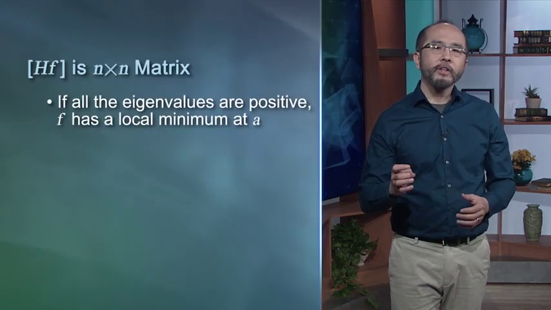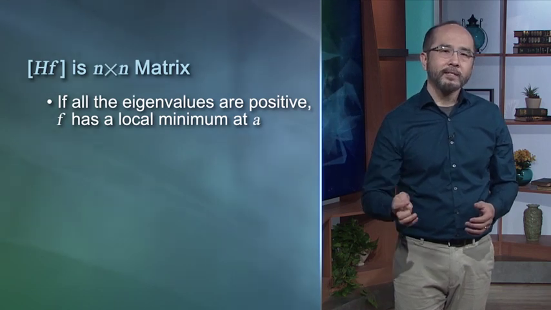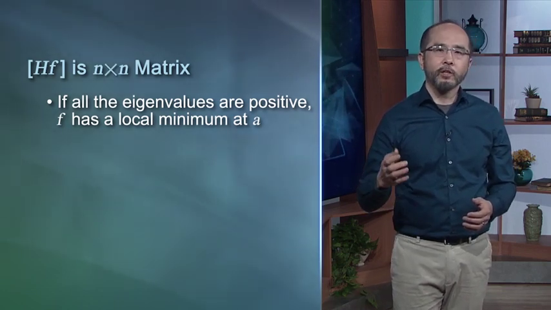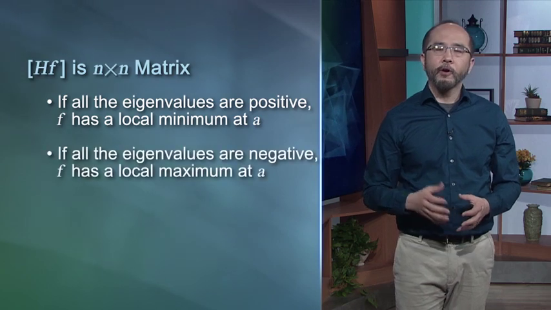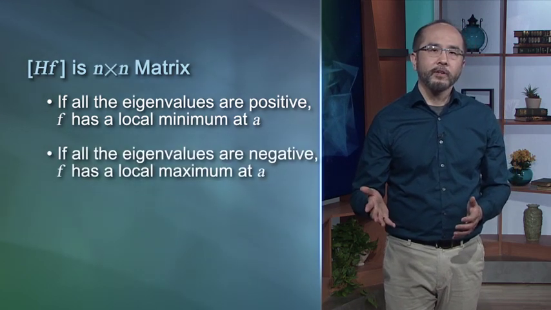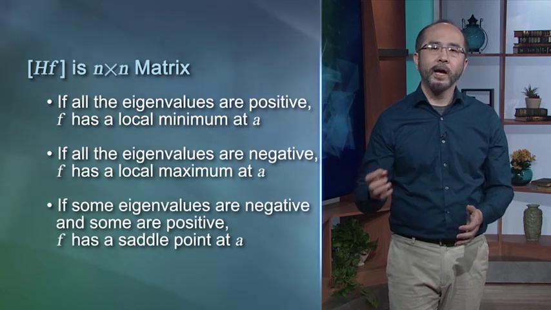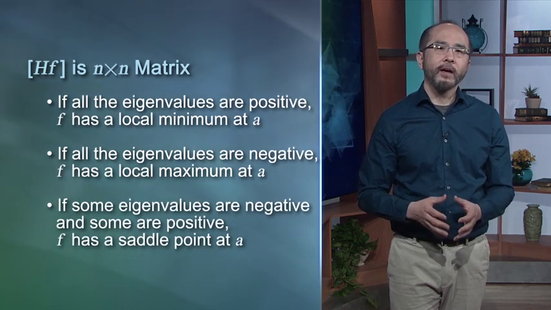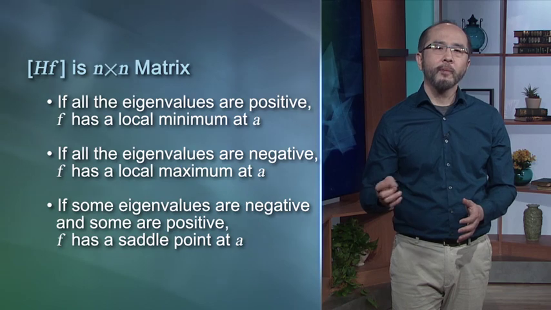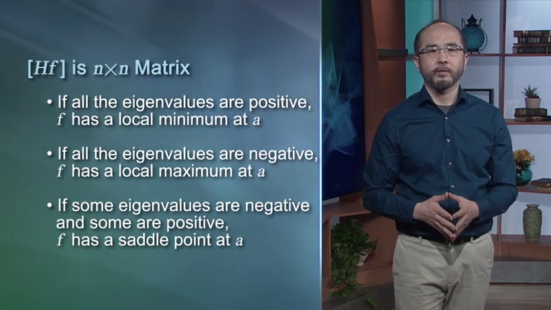Turns out, though we won't show it here, that if all the eigenvalues of Hf are positive, the critical point is a local minimum. And if all the eigenvalues are negative, then you're at a local maximum. And if you have some negative and some positive eigenvalues, then you have what's called a saddle point with some up and some down directions.